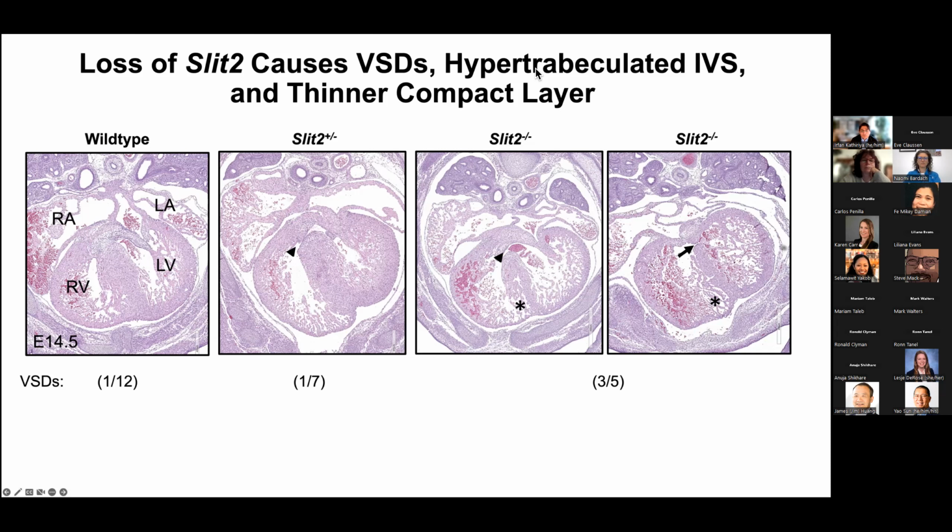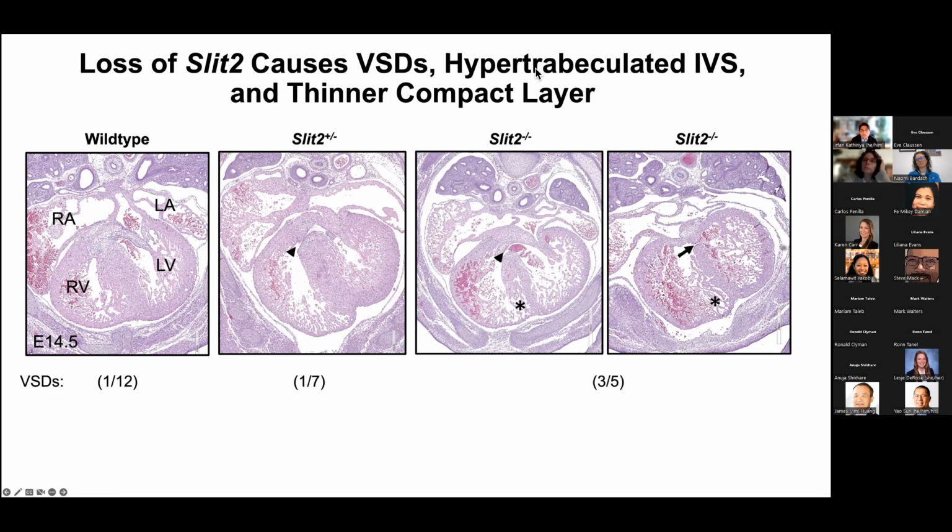I think about non-compaction as being more of a cardiomyopathy, and then you're going down a different road. The clinical question I had is how this relates to the different VSDs, because we definitely have pathologic VSDs. But you said at the very beginning that many patients have VSDs, and we see them all the time in the newborn nursery, and then they go home and they resolve within weeks to a month or so.